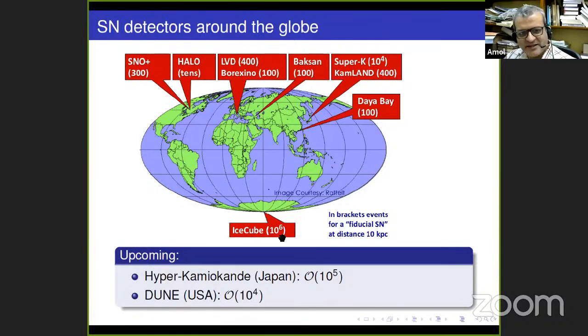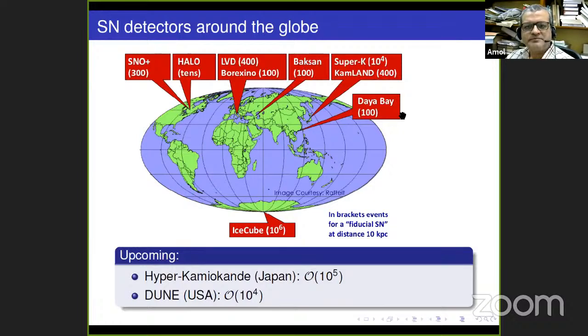And that is the reason Ice Cube has this number, say 10 to the power 6, but just a caveat is Ice Cube cannot measure individual neutrinos and their energies. However, it can measure the total luminosity of neutrinos that is coming.